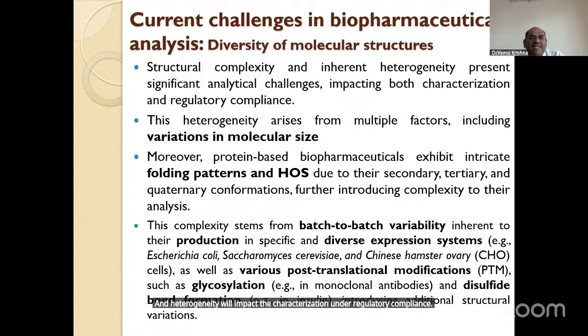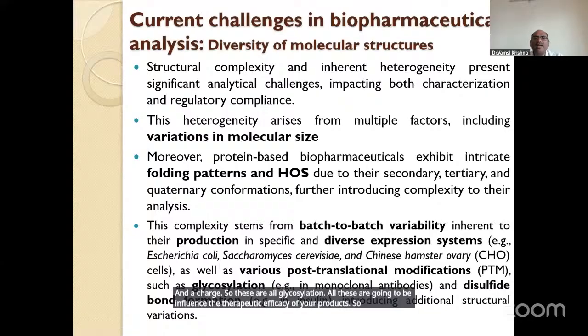This heterogeneity arises from multiple factors, including variations in molecular size, charge, and glycosylation, all of which influence the therapeutic efficacy of your products.